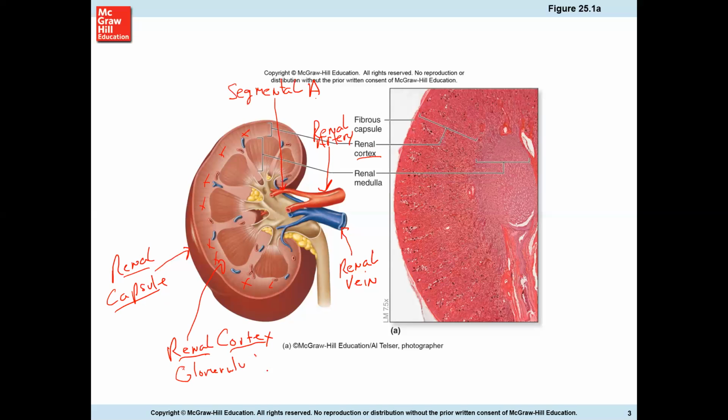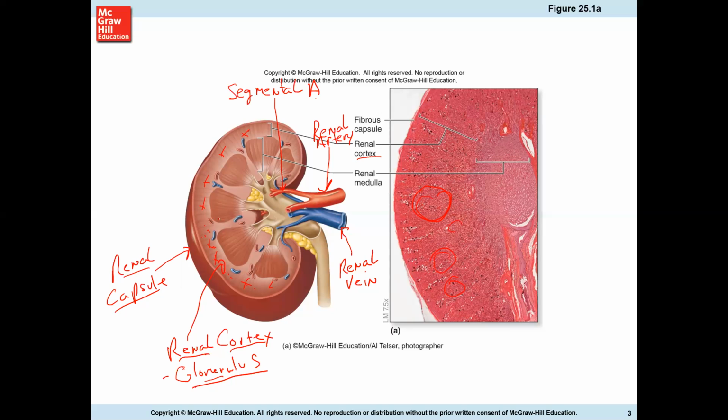And these nephrons, by the way, this is the first part of the nephron. The nephrons are microscopic. There's 1 million or more nephrons in one kidney. So you can't see those, right? They're all spread out. The glomerulus is all spread out throughout the cortex. So the glomerulus is in the cortex. It's hard to see here, but there are glomeruli in this cortex.